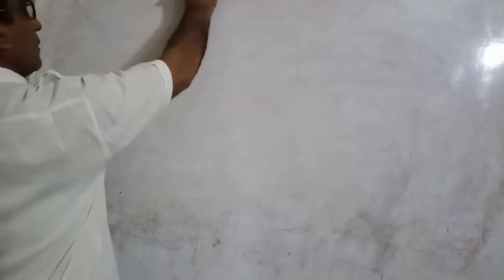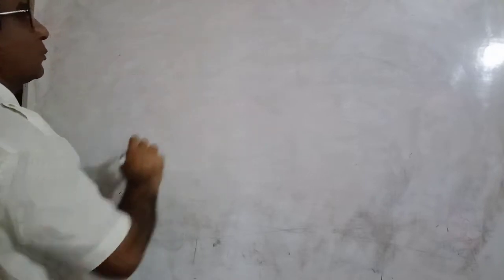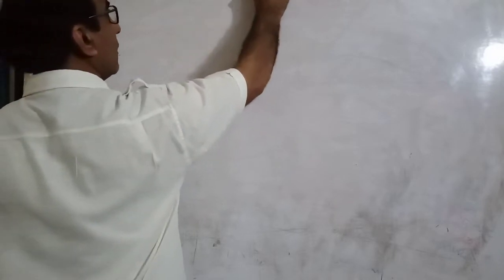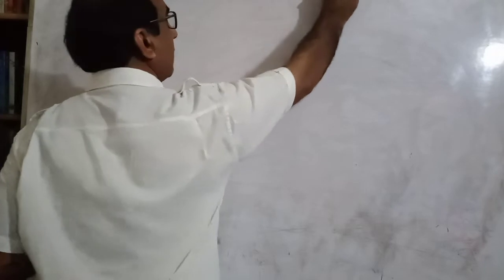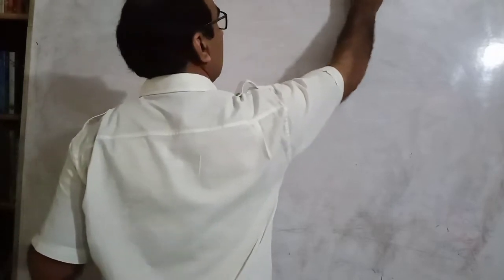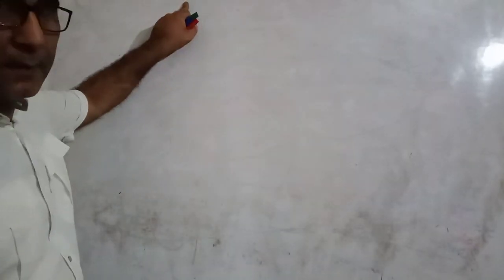Glycolysis, the breakdown of glucose in aerobic respiration. It is the first step.